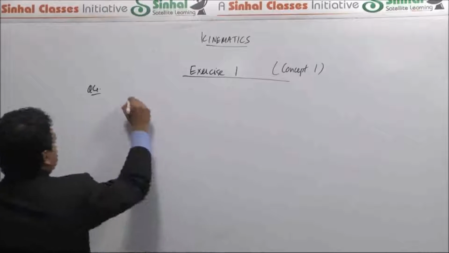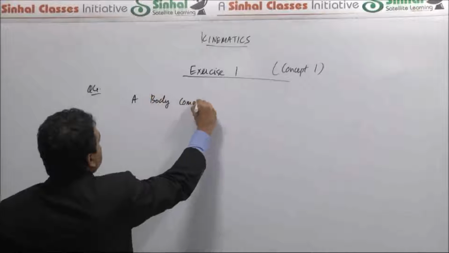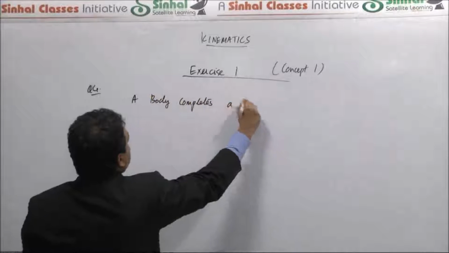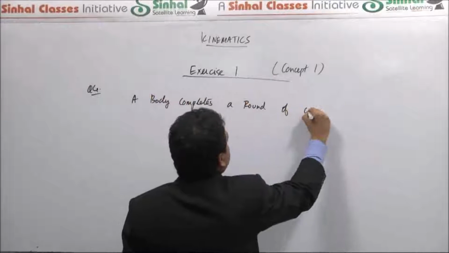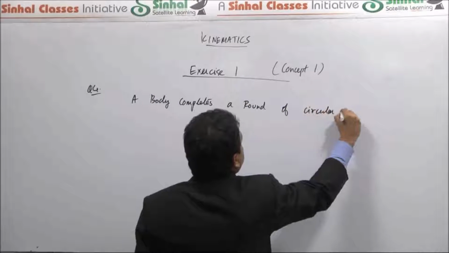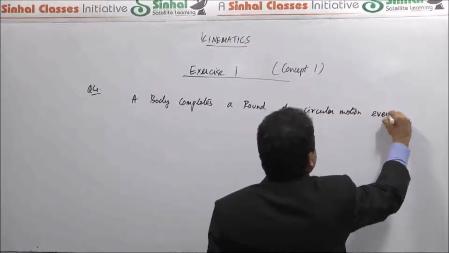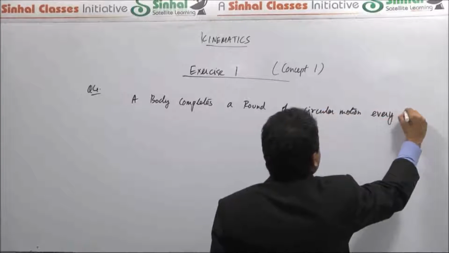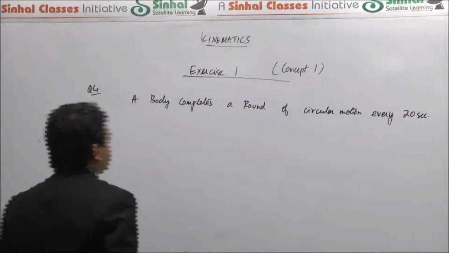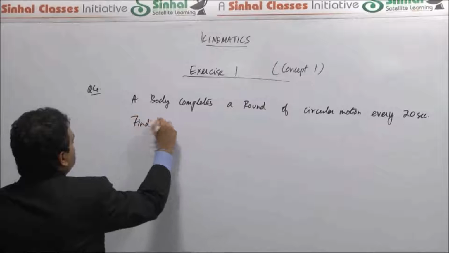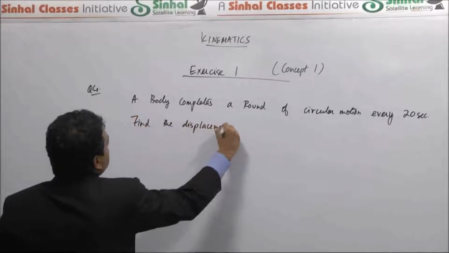So the body completes a round of circular motion every 20 seconds. So find the displacement in 45 seconds.